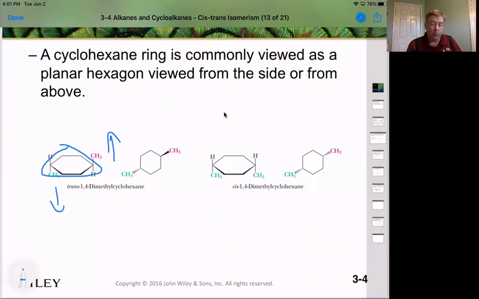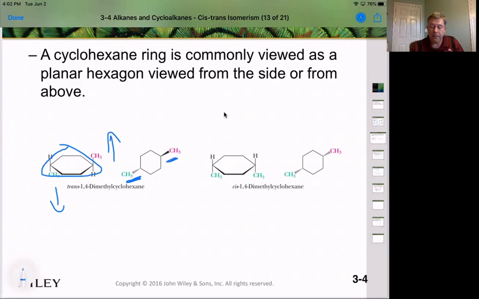Note that this is on the 1 and the 4 position. They don't have to be that far apart. They can be on the 1-2 position as well. Trans just says the substituents are on opposite sides of the ring. And if we were to draw the flat perspective here, we would have a dashed wedge to indicate it was below the plane and a solid wedge indicating it's above the plane.